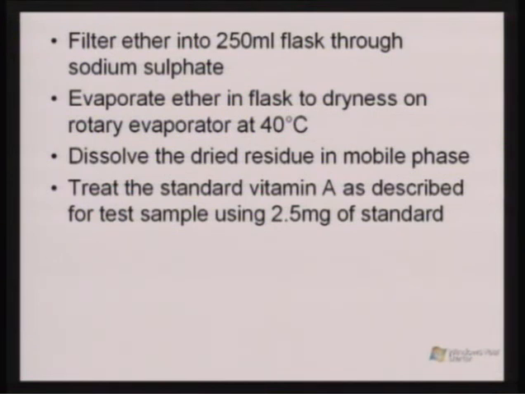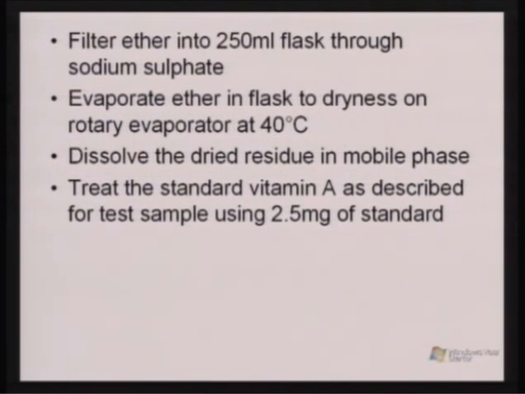After drying, dissolve the dried residue in mobile phase. I will let you know the composition of the mobile phase in subsequent slides. While dissolving, take care of the volume of the final extract, so that the same volume can be considered while calculating the results.